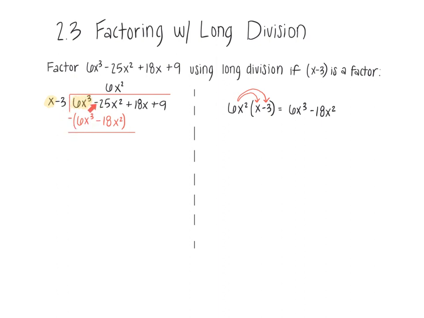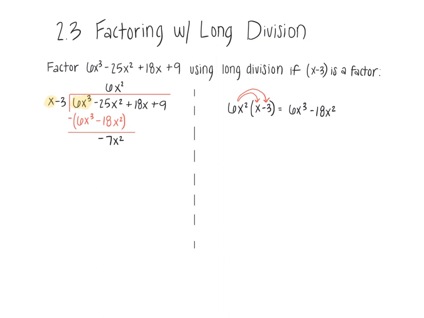So now we have negative 25x squared minus negative 18x squared. Remember, when you're subtracting a negative number, that actually means addition. So negative 25x squared plus 18x squared gives us negative 7x squared.